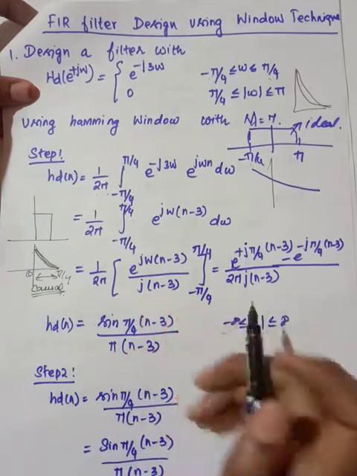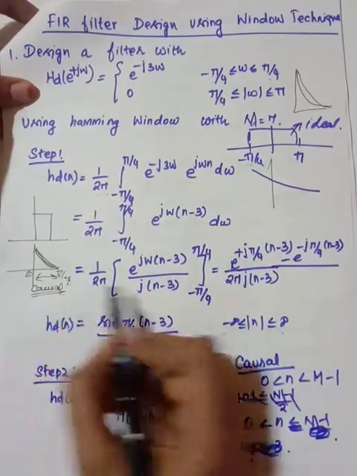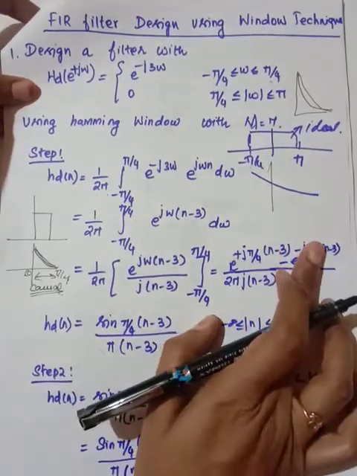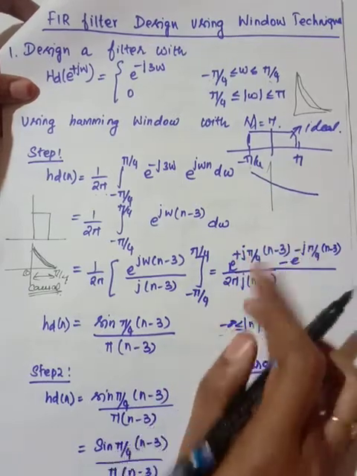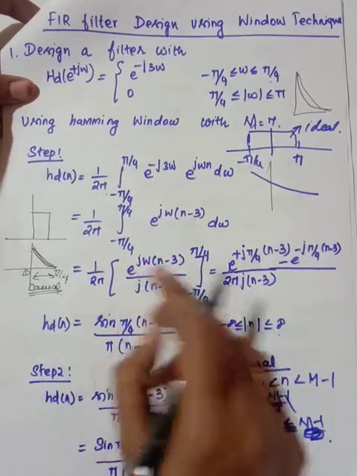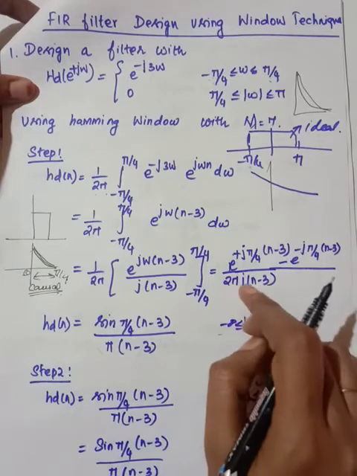If you take only 0 to pi by 4, we may not be able to simplify this. We will get only this term, the e power j imaginary term, right? Suppose I am having 0 to pi by 4, I will get 1 minus e power minus j pi by 4 n minus 3 over 2 pi j n minus 3.